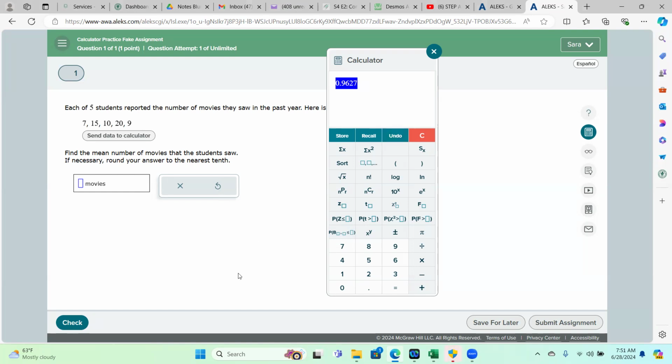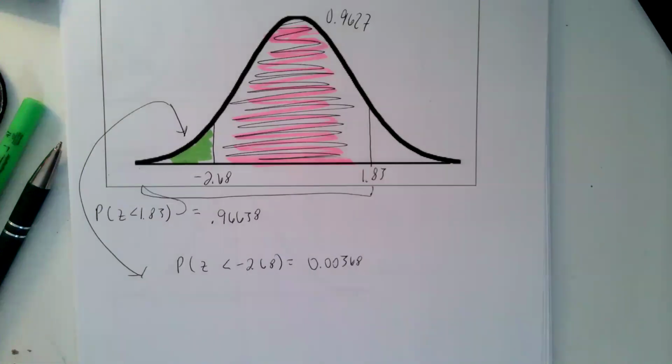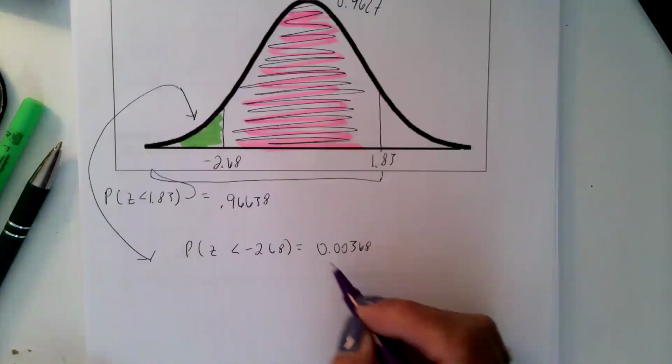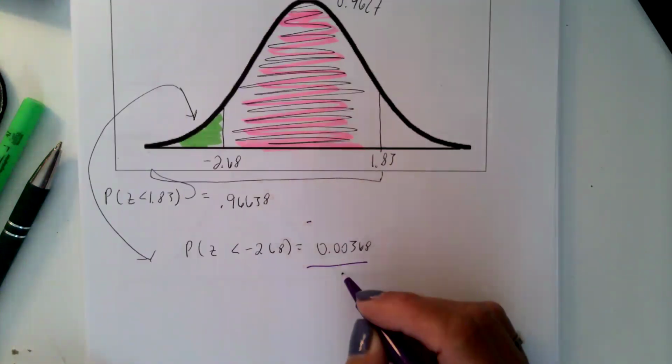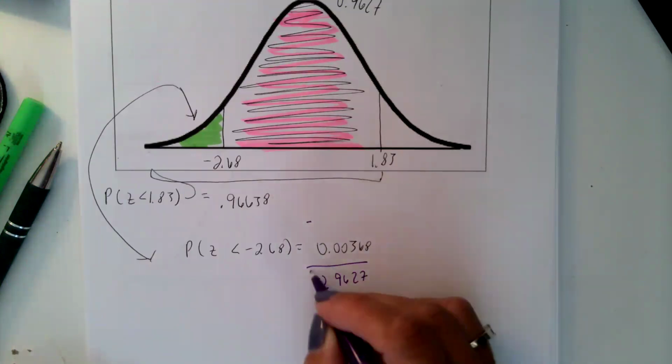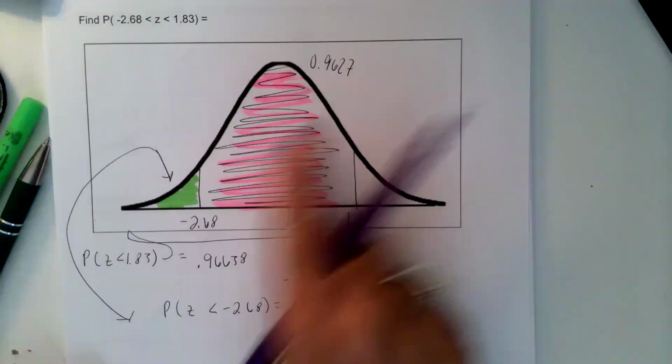So let's go back to our paper here. So the area that we do want is we're taking this and subtracting this. And 0.9627, that's right here.